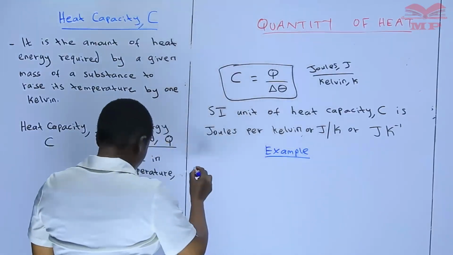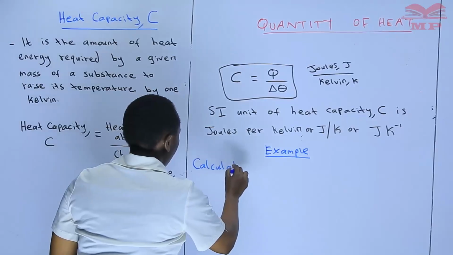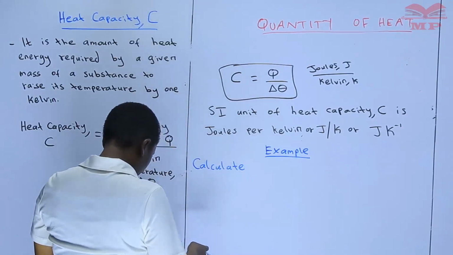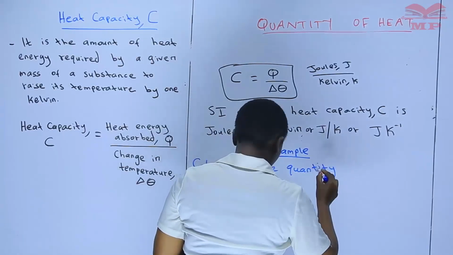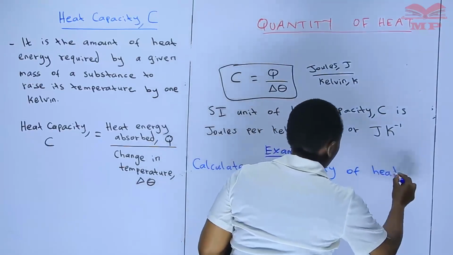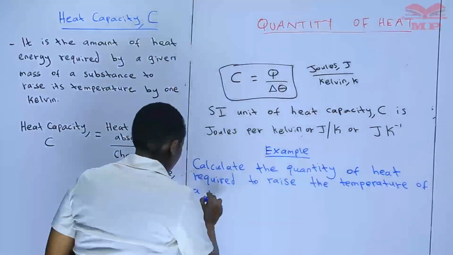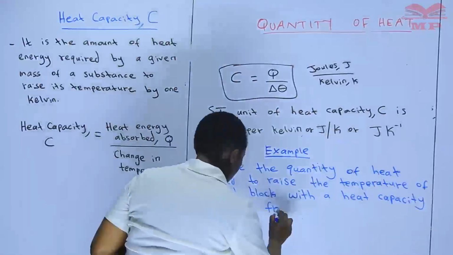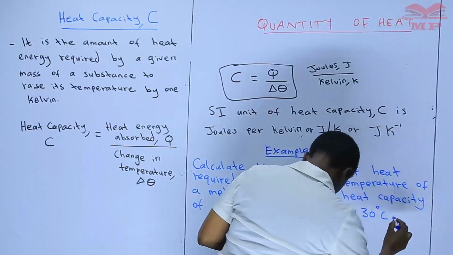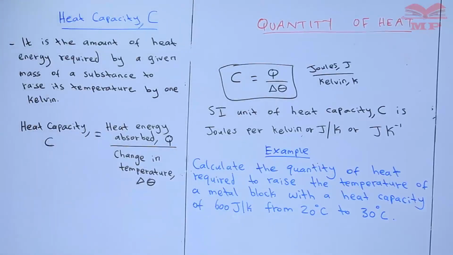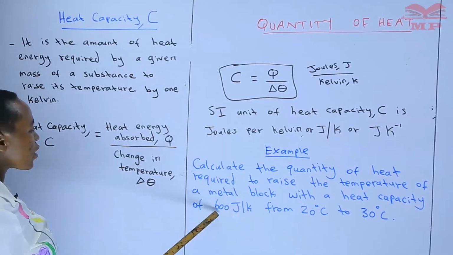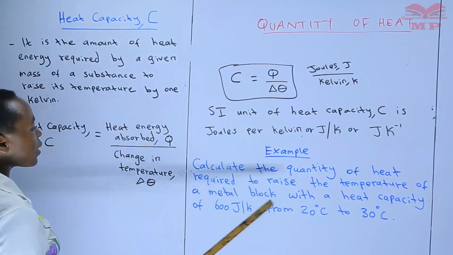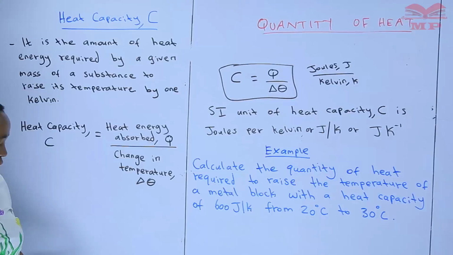We are told to calculate the quantity of heat required to raise the temperature of a metal block with a heat capacity of 600 joules per Kelvin from 20 degrees Celsius to 30 degrees Celsius.